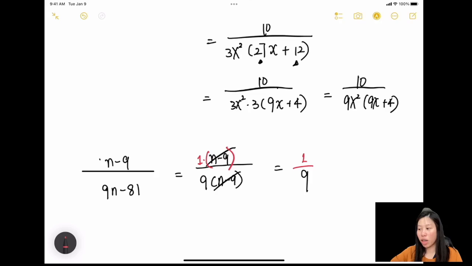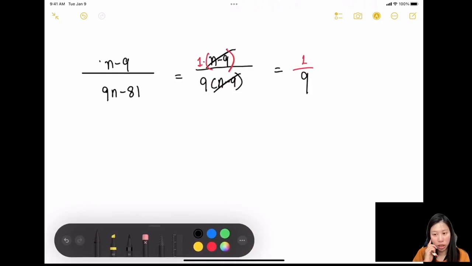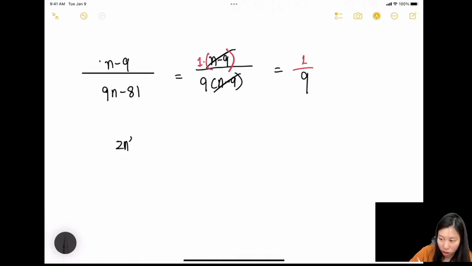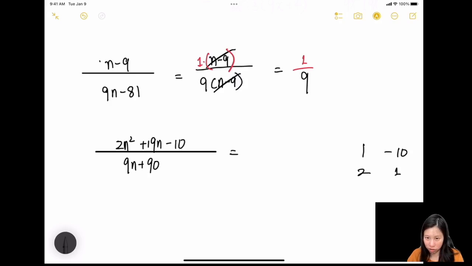Okay, so if you see an expression with multiple terms, you will factor the denominator and the numerator. So I have 2n squared plus 19n minus 10 over 9n plus 90. On the top, you can use cross multiply. 1, 2, negative 10, and then 1, because 10 you can write as negative 10 and 10.